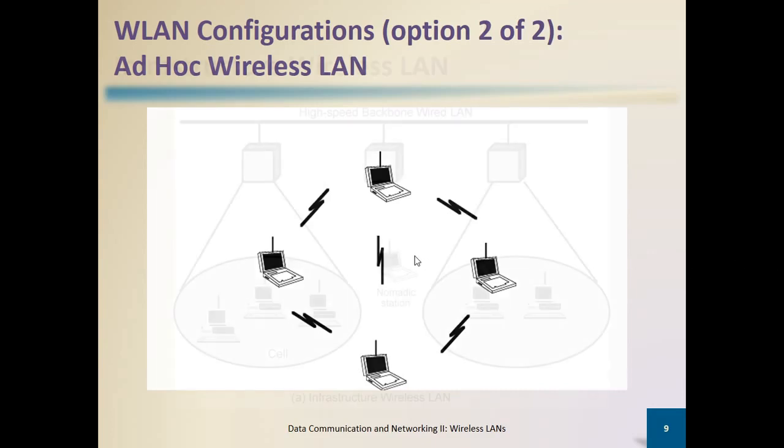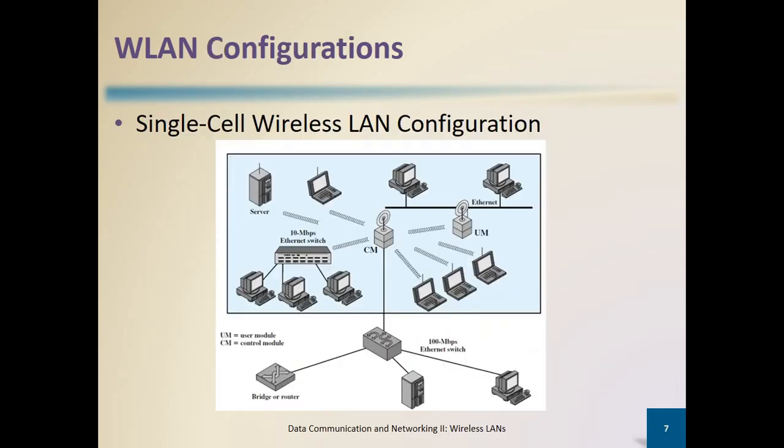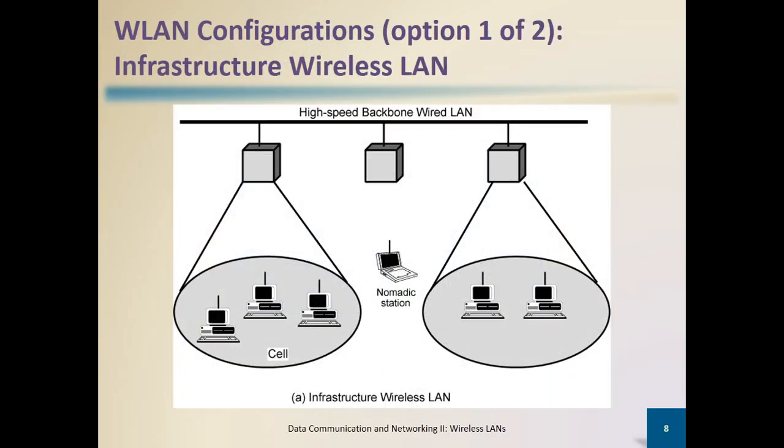So with all these applications from configurations and what have you, there has to be some requirements before you can really establish a good wireless LAN. You do need some requirements. Some requirement must be met. Otherwise, wireless transmissions wouldn't really serve their purpose very well.